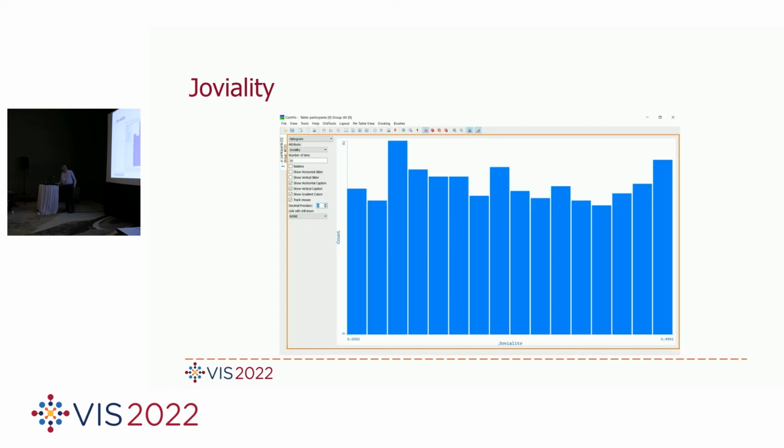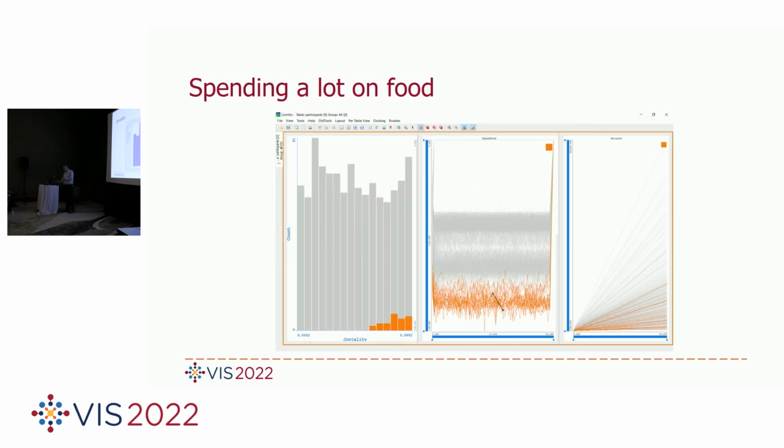And this is now joviality. We had in the dataset a joviality index. For those who didn't know what joviality is, and I belong to this group, this is some kind of factor that shows how joyful or happy people are. This is how I interpreted it. So what we can do now, we can brush people who spend a lot of money.